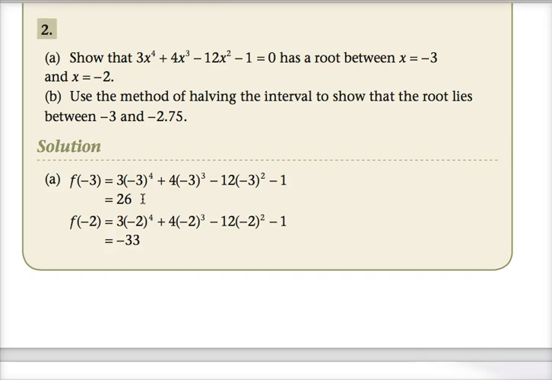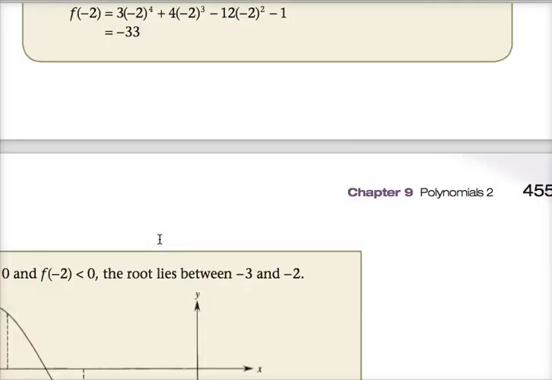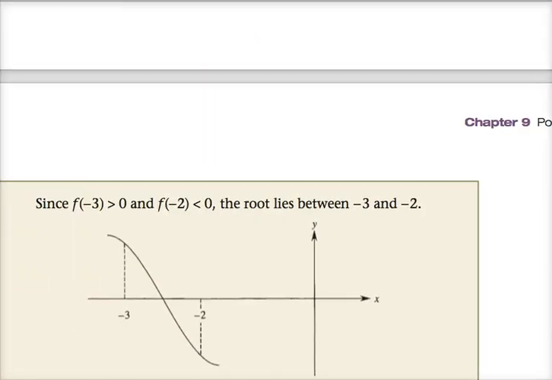Function of negative 2 is negative 33. So in your conclusion, you must write it like this. Since function of negative 3 is positive and function of negative 2 is negative, the root lies between negative 3 and negative 2. Do you get that? All right, so you've got to cross through 0 at some stage between those.